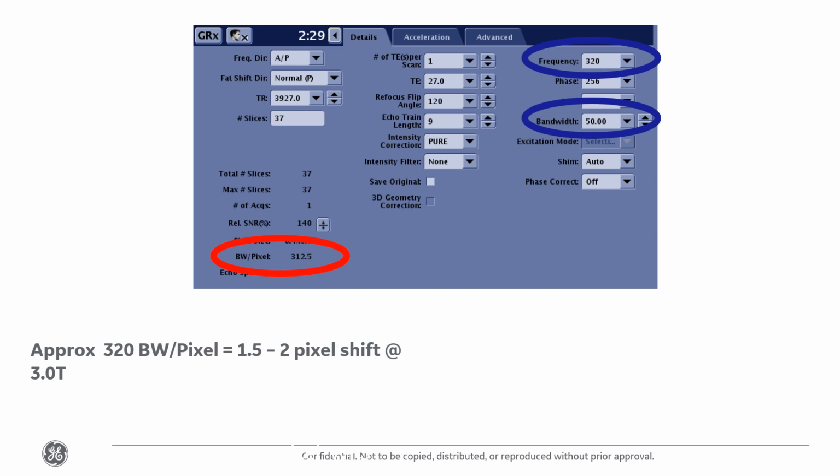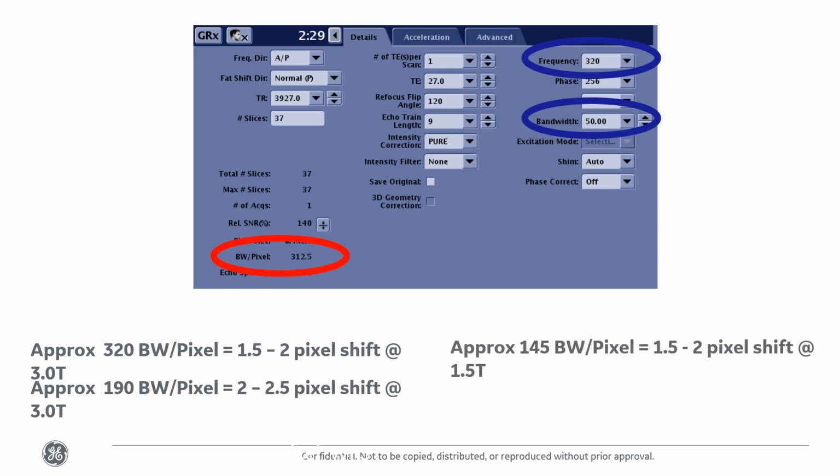If you're doing fat-sat imaging, where you can allow a little bit more pixel shift in without affecting the image quality and gain a little bit more signal to noise, you can drop that bandwidth per pixel down to approximately 190. The same thing on a 1.5, you're looking at a 145 bandwidth per pixel for non-FATSAT imaging and around the 100 bandwidth per pixel for FATSAT imaging.